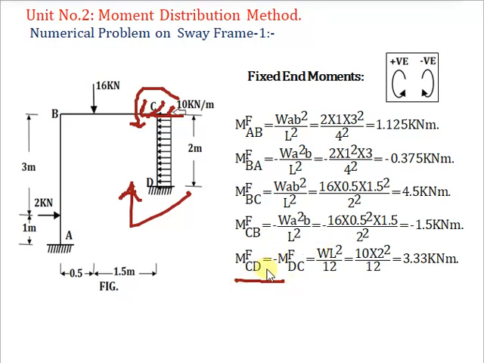So MFCD is equal to minus MFDC. Now there is UDL, so formula is W L square by 12. So it is equal to 10 into 2 square divided by 12. So fixed moment at CD is 3.33 kilonewton meter and fixed moment at DC is minus 3.33 kilonewton meter. So these are the fixed moments for each span.